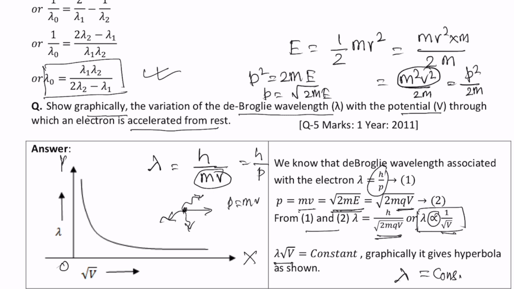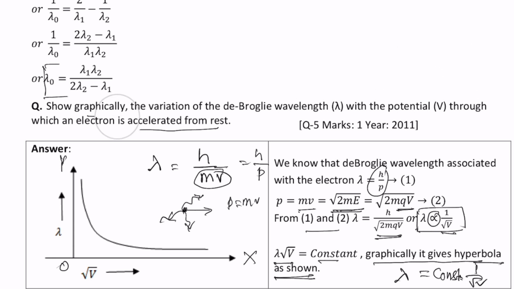So lambda into root over V is constant. Graphically it gives a hyperbola as shown. If we continuously increase V, then lambda will decrease. So it is basically a hyperbola. Let's take a screenshot of this answer.